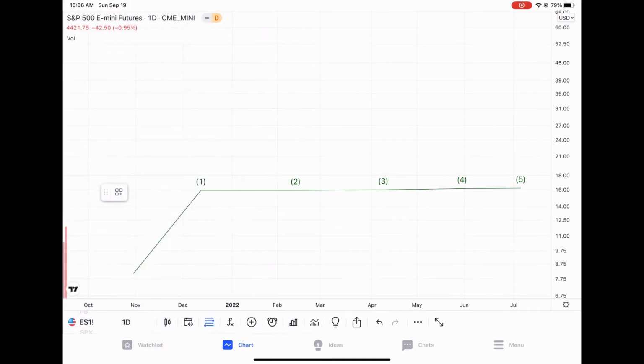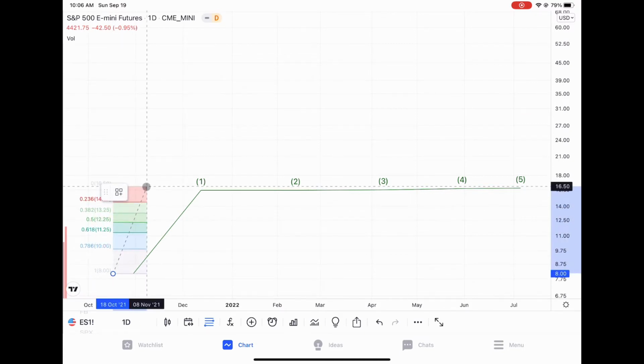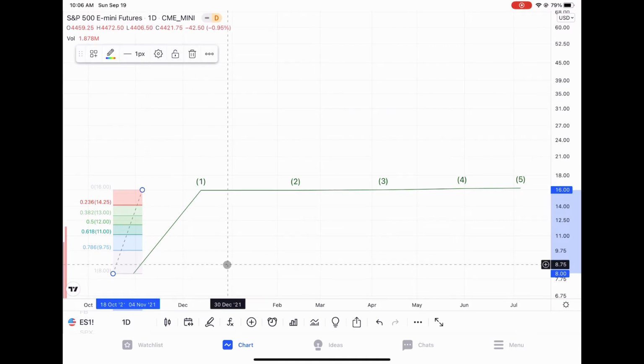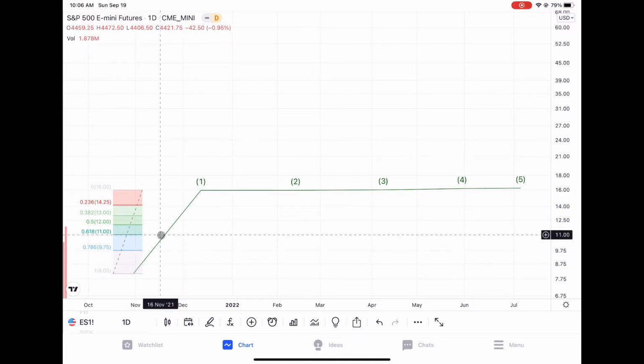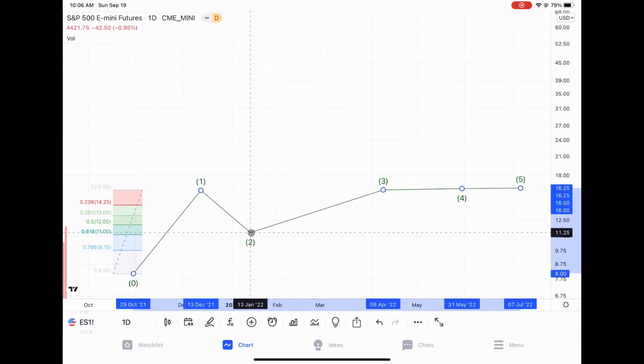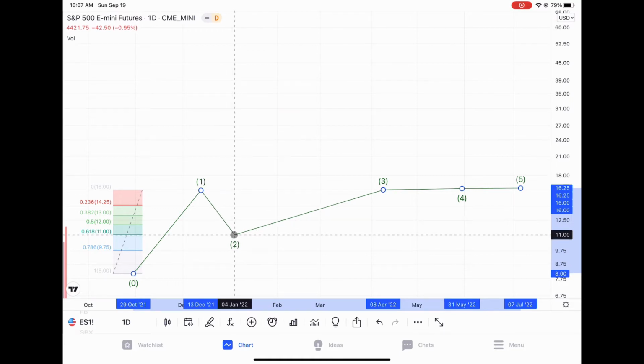So you plot your wave one. Let's say wave one happened, and go ahead and take your fib retracement tool. You plot the bottom of one to the top of one. I'm going to start talking about the rules here. After the trend happens, wave two usually corrects at around 61%, around that range.